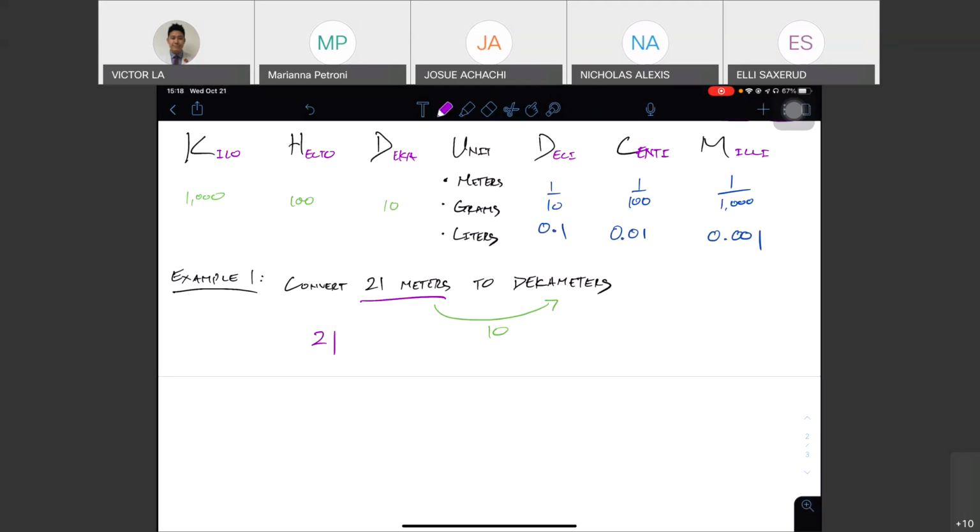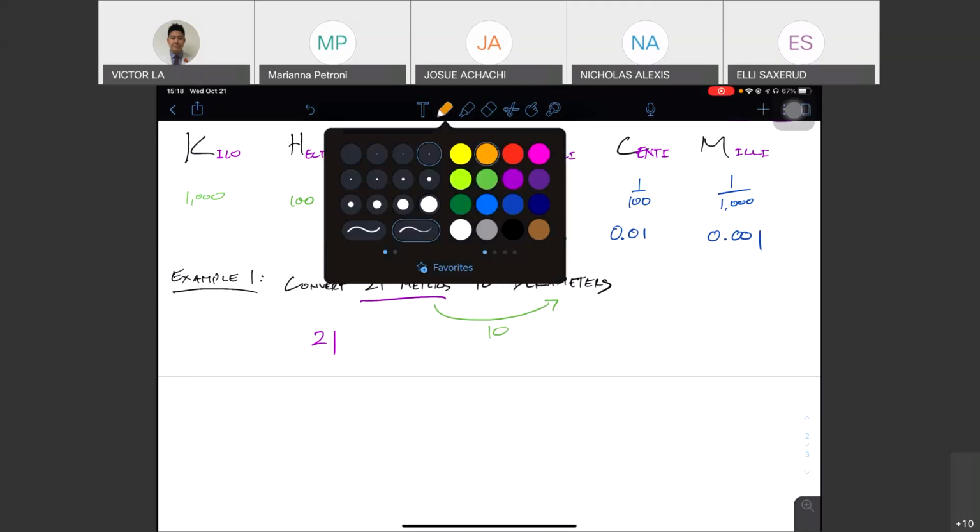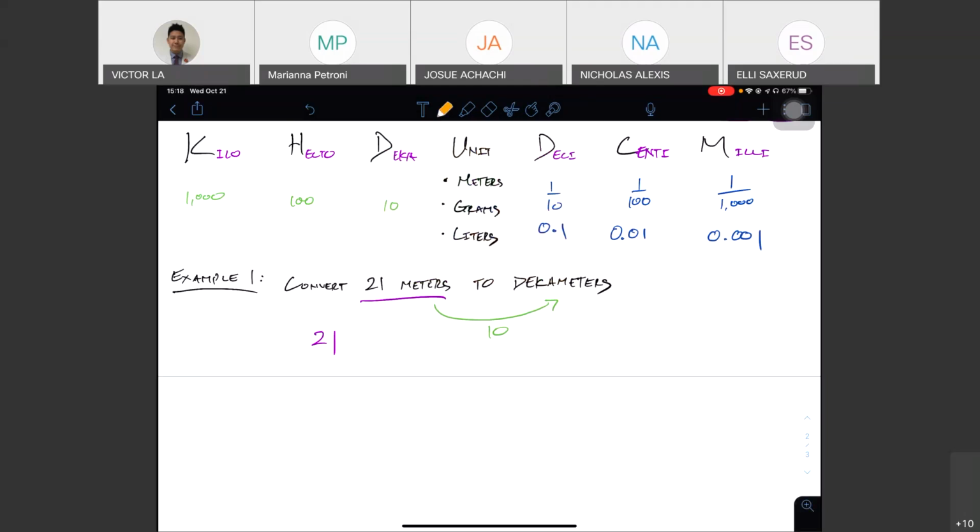Well, on this chart, you move left, right? Notice the movement goes from unit where the star is, and it goes to decameters up here. What does it mean when you move any placeholder in a number from right to left, whatever the case might be? Well, it means that you're moving a place value.